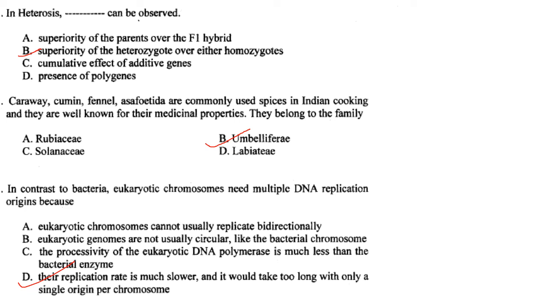So why? Because if the eukaryotic chromosome had only a single origin of replication, then the replication rate is lower and it would take a very long time to replicate one chromosome. So answer is option D.